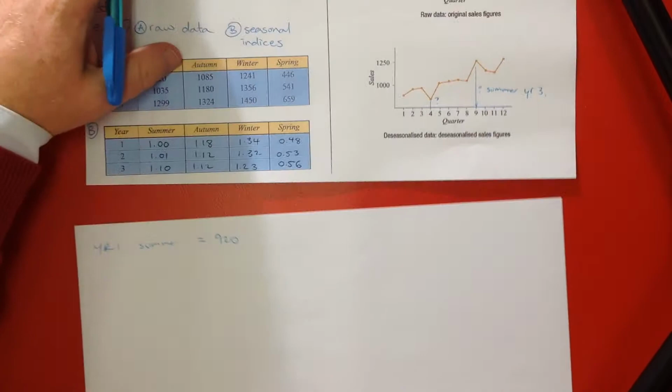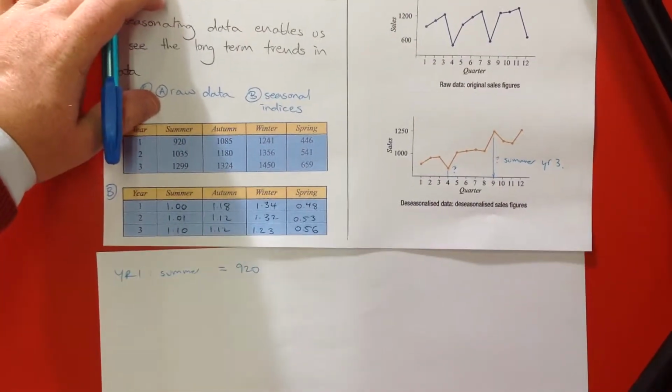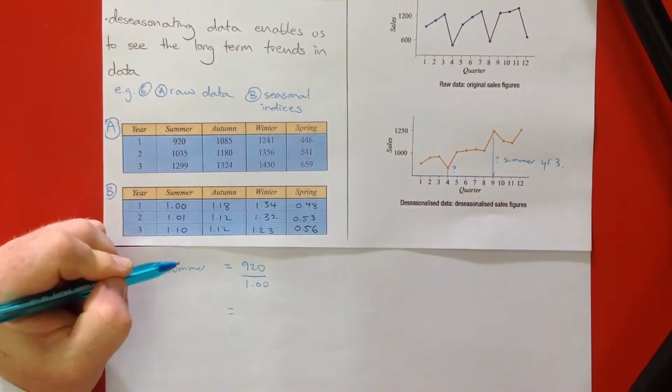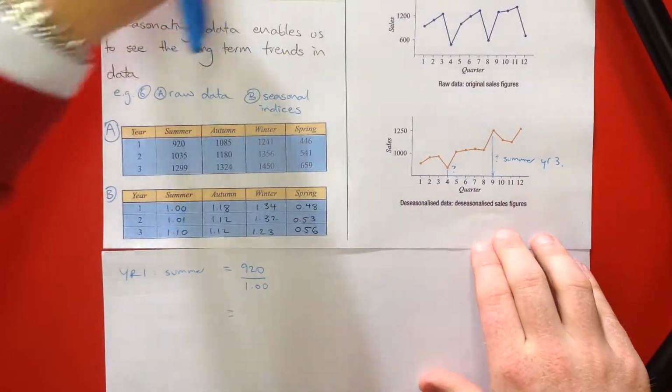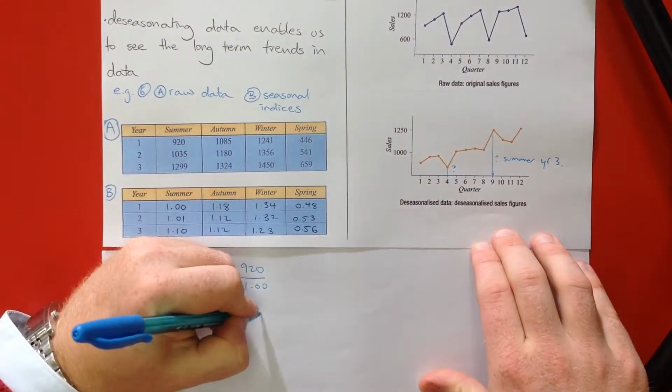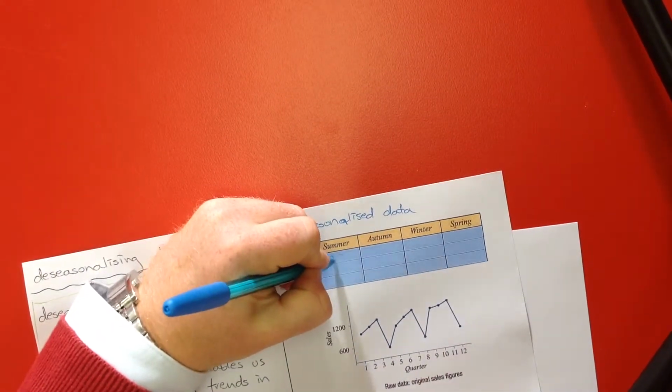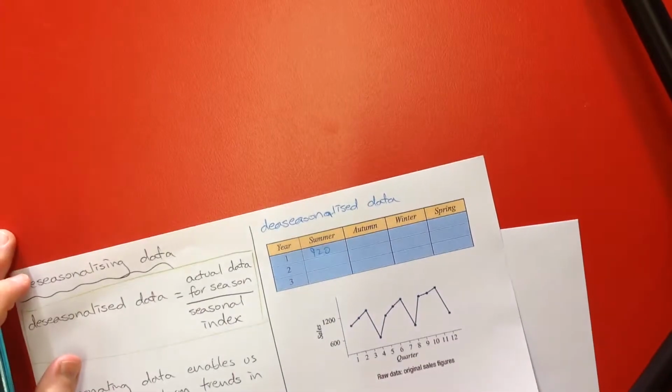I'll put them both on the same page. 920 over 1.00 equals 920. So I'm going to put that in this box here, 920, which I hope you can see.